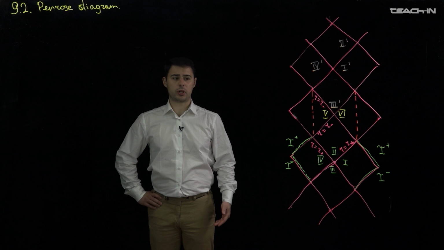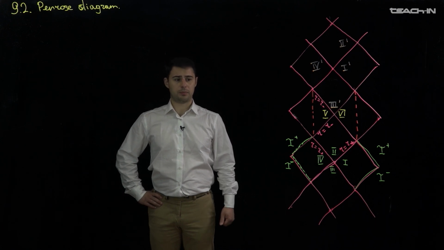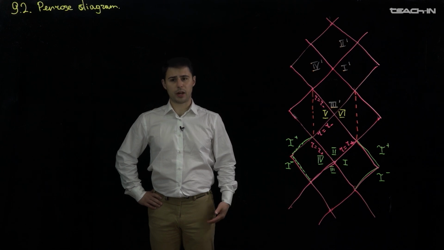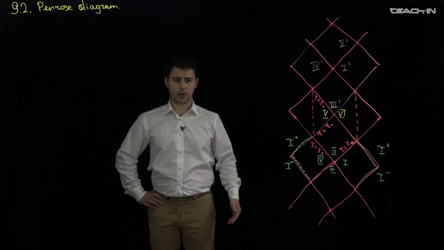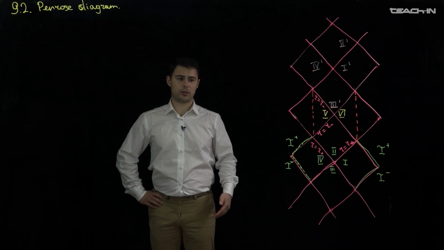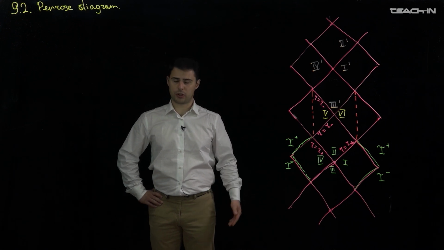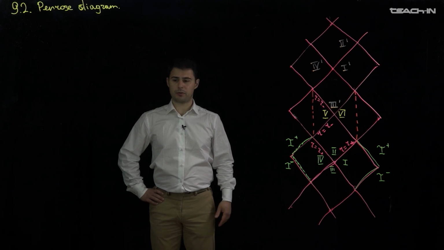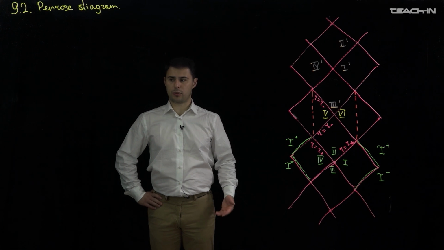So this means that we'll have to draw the Penrose diagram for each theta. Fortunately, our dependence on theta comes through trigonometric functions, so it's sufficient for us to get a qualitative picture.